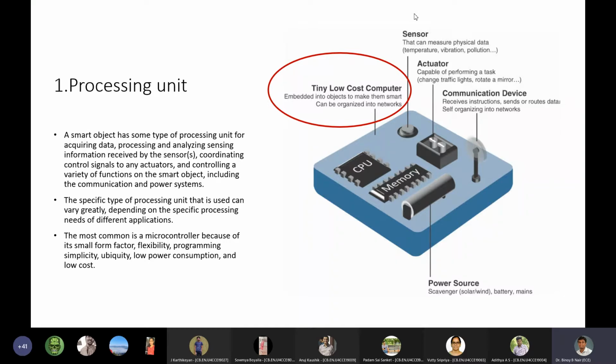So if you are, say, processing video signals or audio signals for your IoT application, you will require something like a Raspberry Pi at the minimum. But if you're only reading temperature, or only reading the light intensity, or only reading the presence or absence of a person in the room, then a very simple Arduino Uno or Node MCU could do the work for you. Not a big deal. So based on the use case, you will have to pick your microcontrollers.